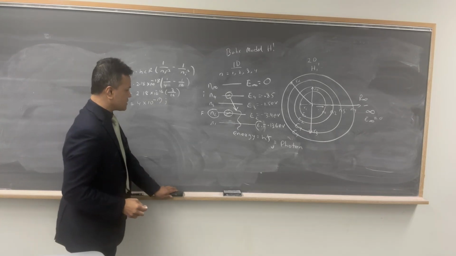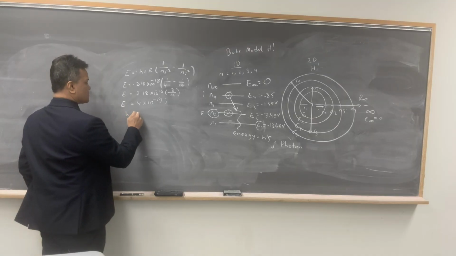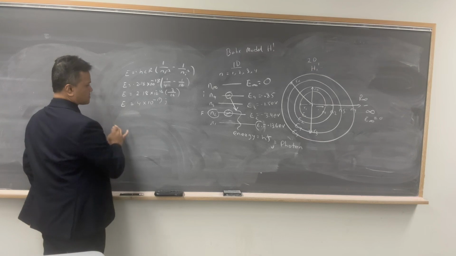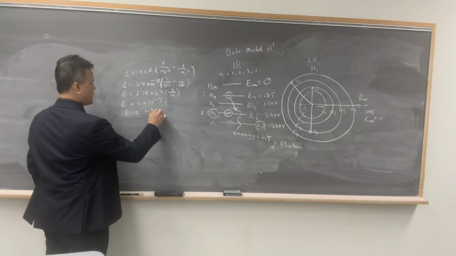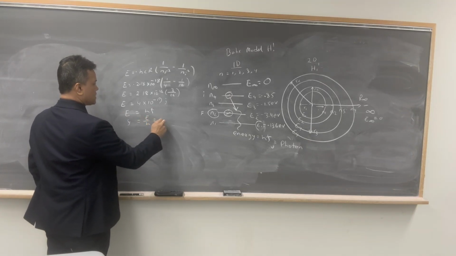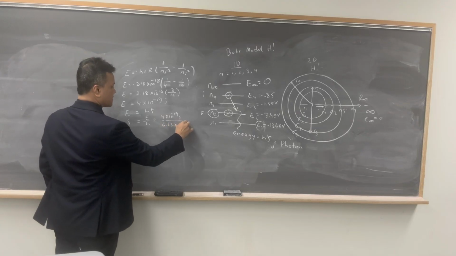You're going to convert this by using the Planck constant, the Planck hypothesis. Energy is equal to hf, so f is equal to E over h. E is 4 times 10 raised to negative 19 joule, and h is the Planck constant, 6.63 times 10 raised to negative 34.